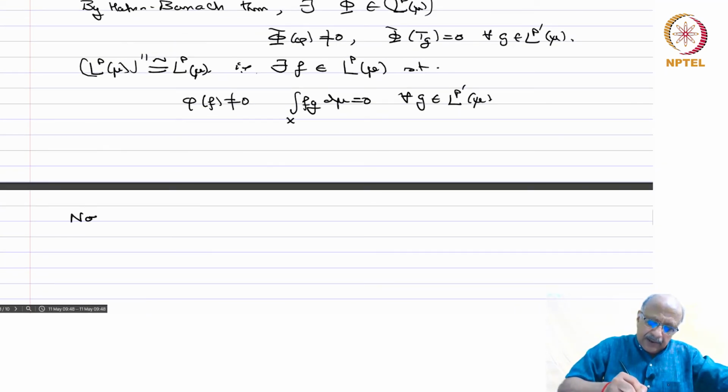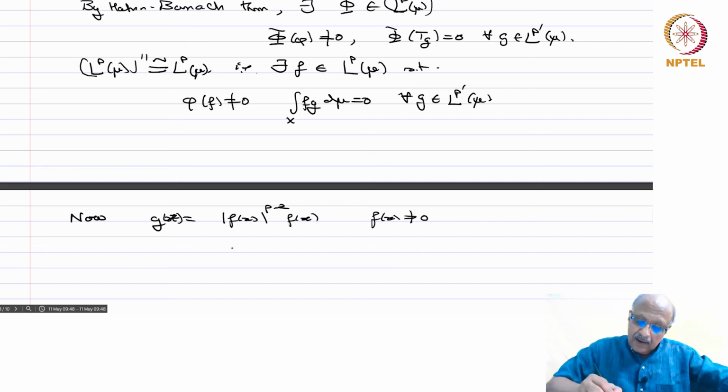Now again we play the same trick as we did before. Take g equal to |f|^(p-2) f if f(x) is not 0, and 0 if f(x) equals 0.